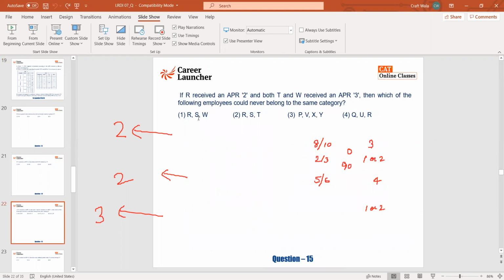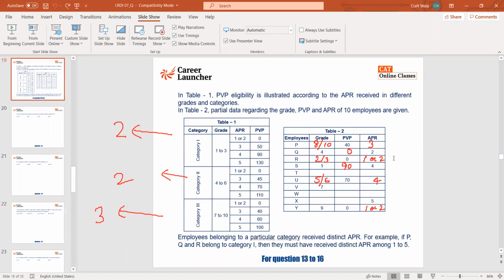So R, S, W, or R, S, T, can they be in one? Let's see. S is grade 1. R, S, W possible. R, S, T is also possible.